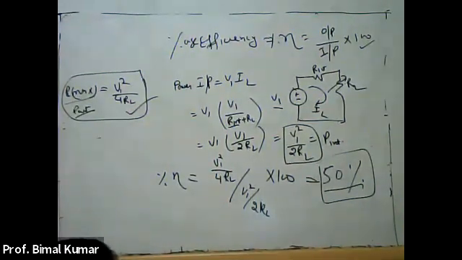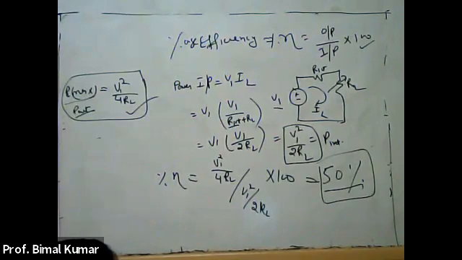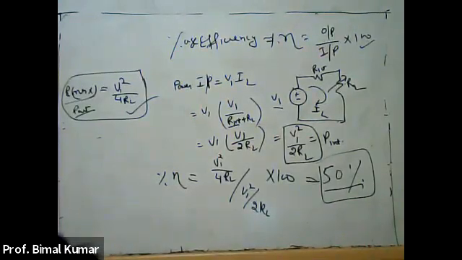So by applying this, you will get V1 square upon 4RL, where RL is R Thevenin and V1 is V Thevenin. By substituting the values of V Thevenin and R Thevenin, you will be able to calculate maximum power across the load resistance.